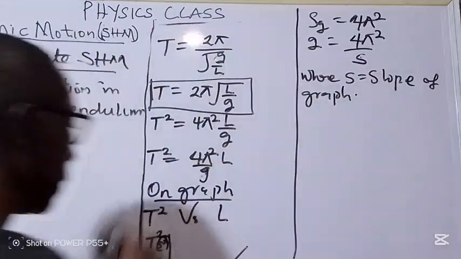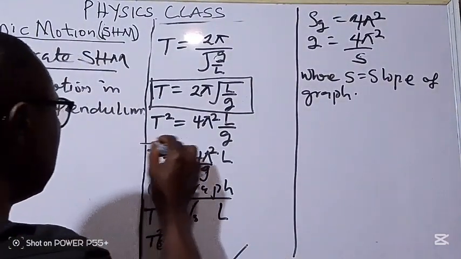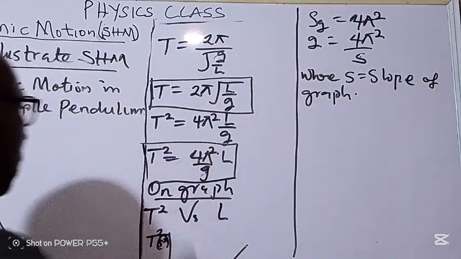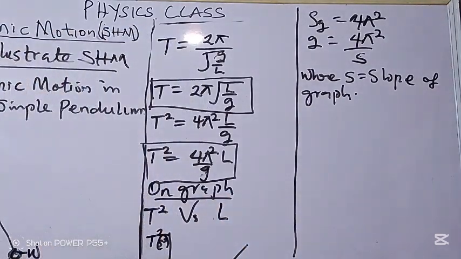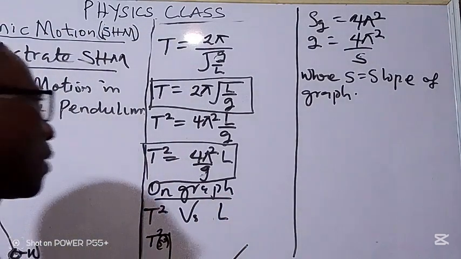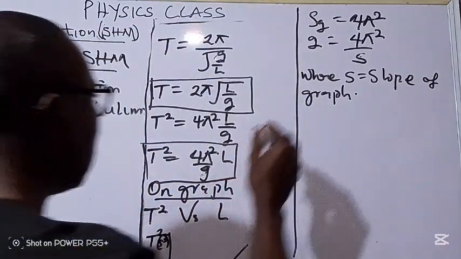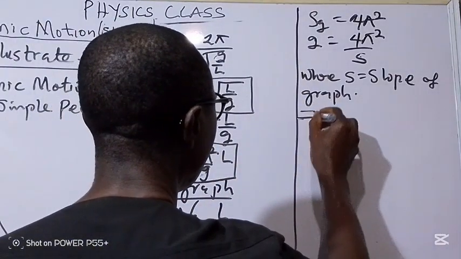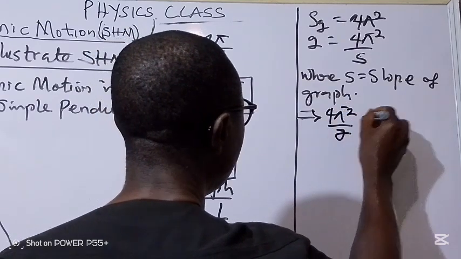Now from the equation again, that is T squared, it means 4 pi squared over g is a constant.